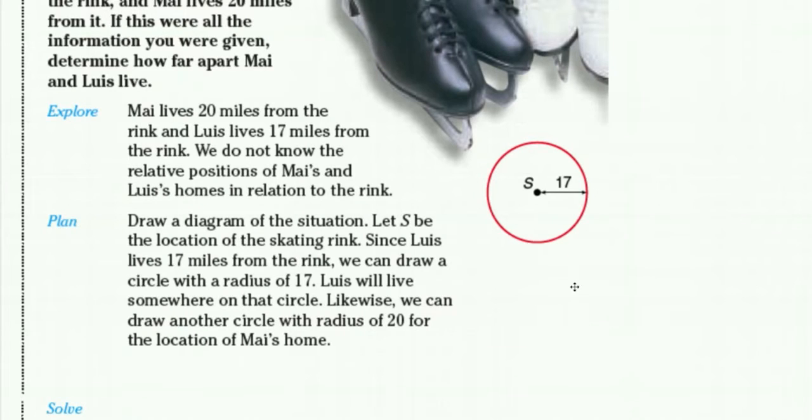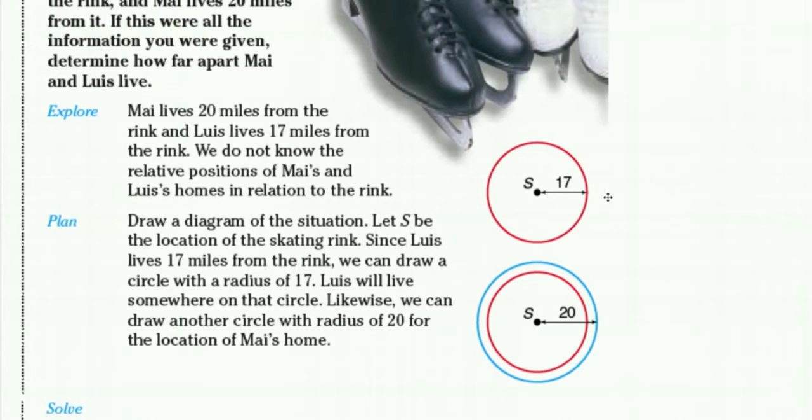And if we draw another circle around it, the blue circle would represent Maya's location, somewhere around the rink. So her location would be one of the points in the blue circle, and Luis's home location would be one of the points in the red circle.